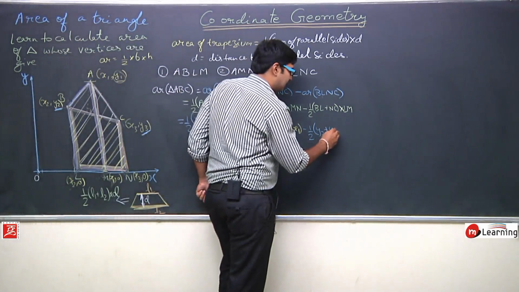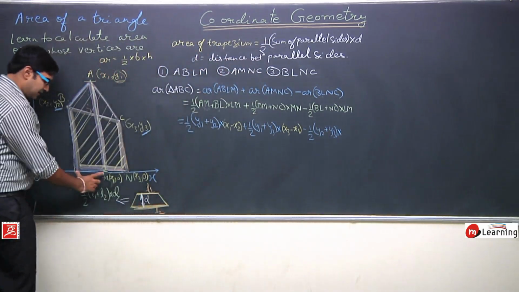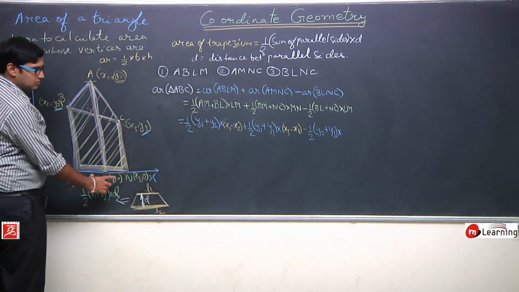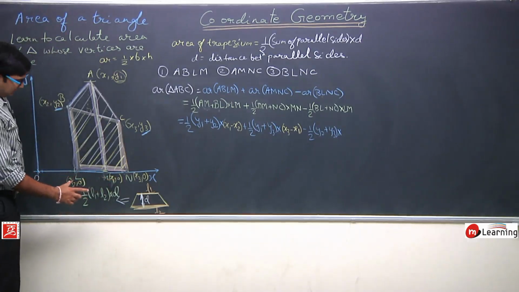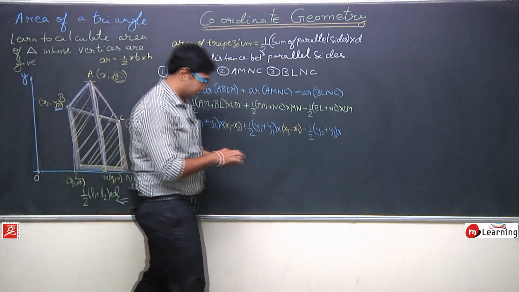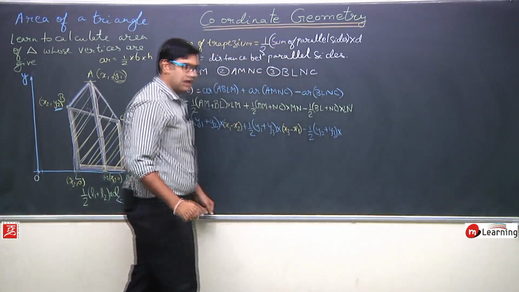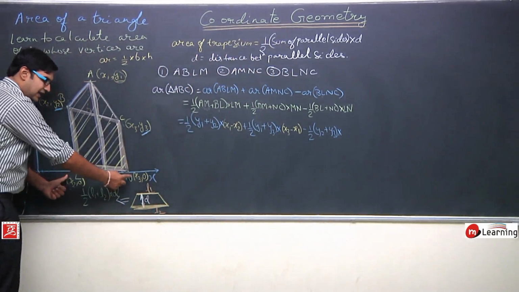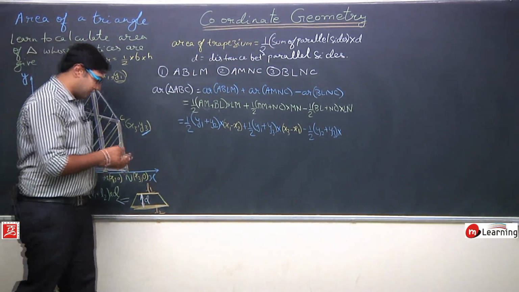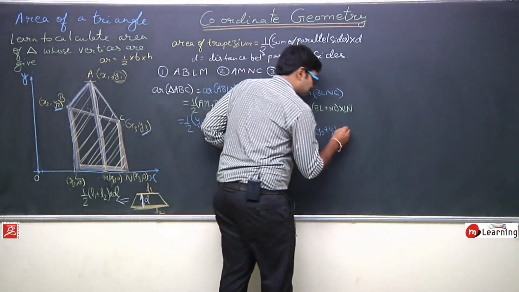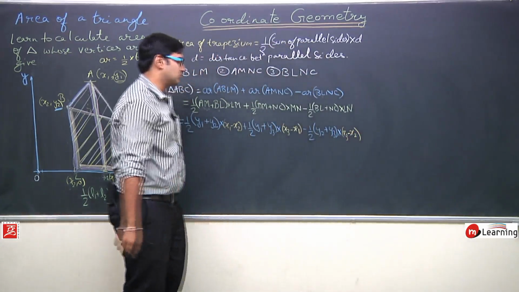So I can write here y3 into now LM. LM means this length. Sorry, it's not LM, it should be LN. Then LN will be equal to x3 minus x2. So here I can write x3 minus x2.